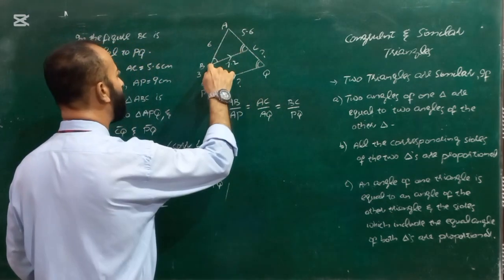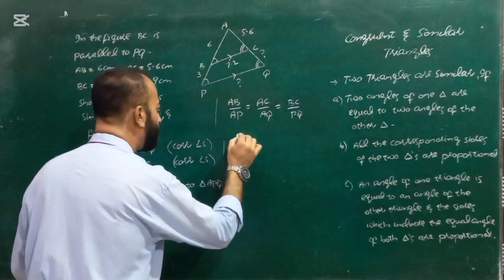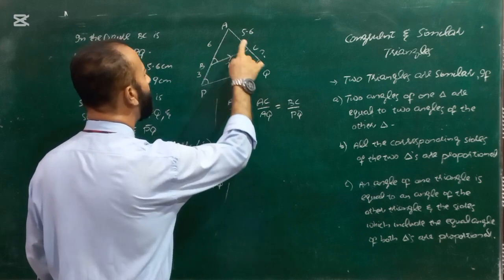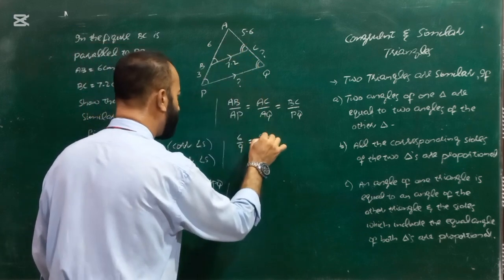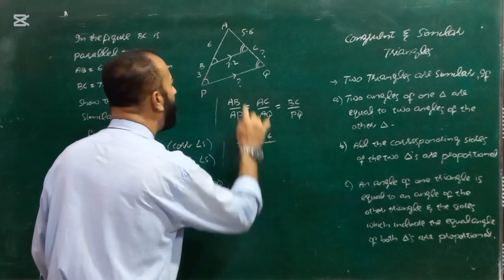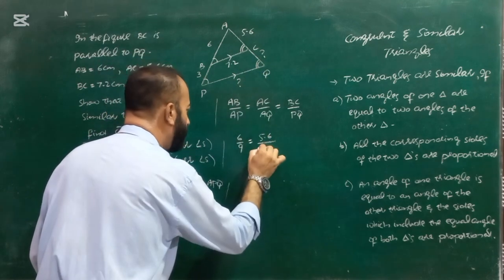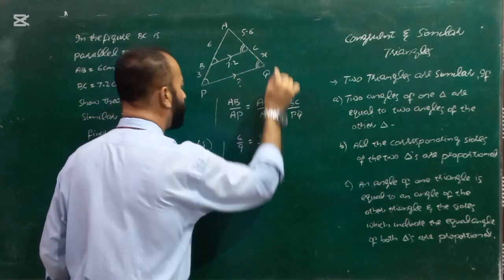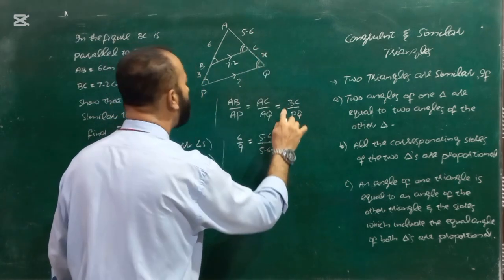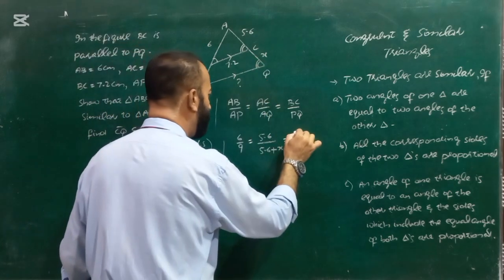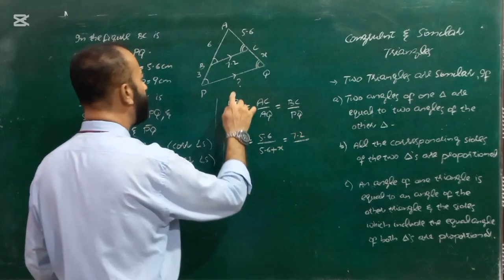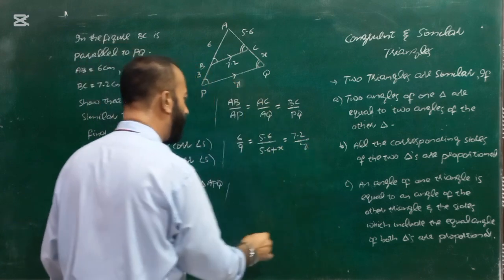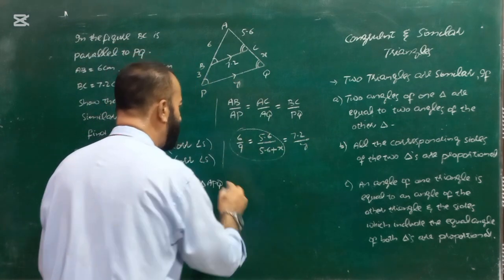Okay, we are going to put the values into it. So AB, that is 6 over 9, is equal to AC, that is 5.6 over 5.6 plus question mark. Okay, call it X, equal to BC, that is 7.2 over, okay, call it Y. Okay, from here we are taking this expression now.